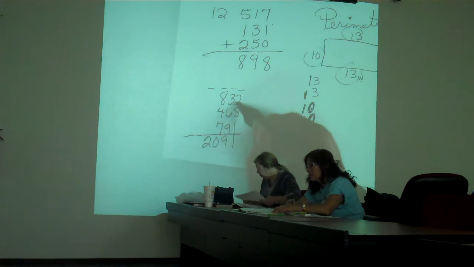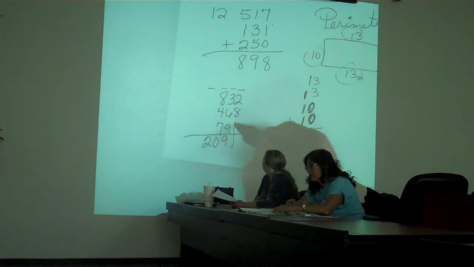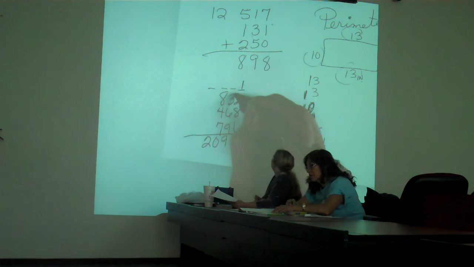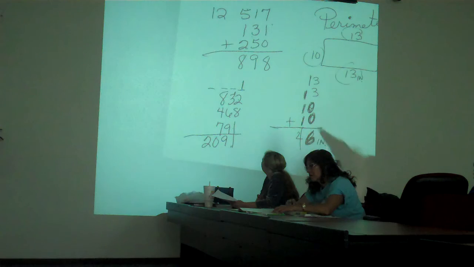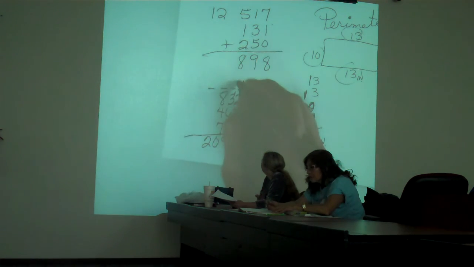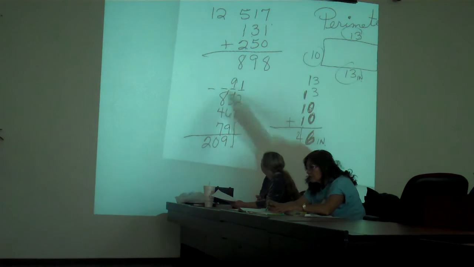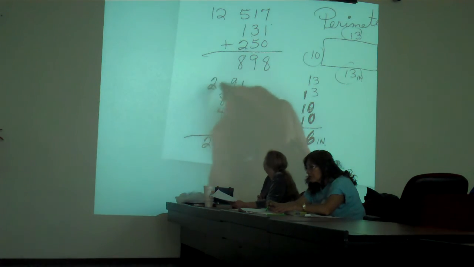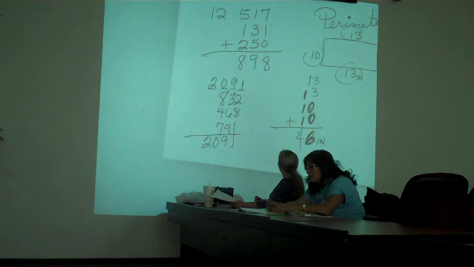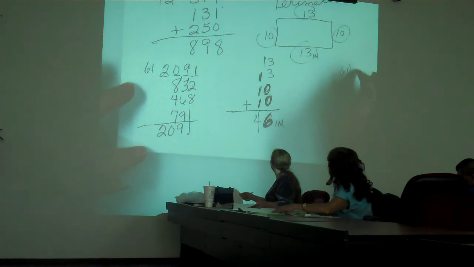Instead of adding going down, you add going up. 8, 9, 10, 11, put it here, and you're going to carry 1. 9, 10, that's 19. You carry 1. 9, 10, 11, 12, 13, plus 7 is 20. So that one you would put correct.